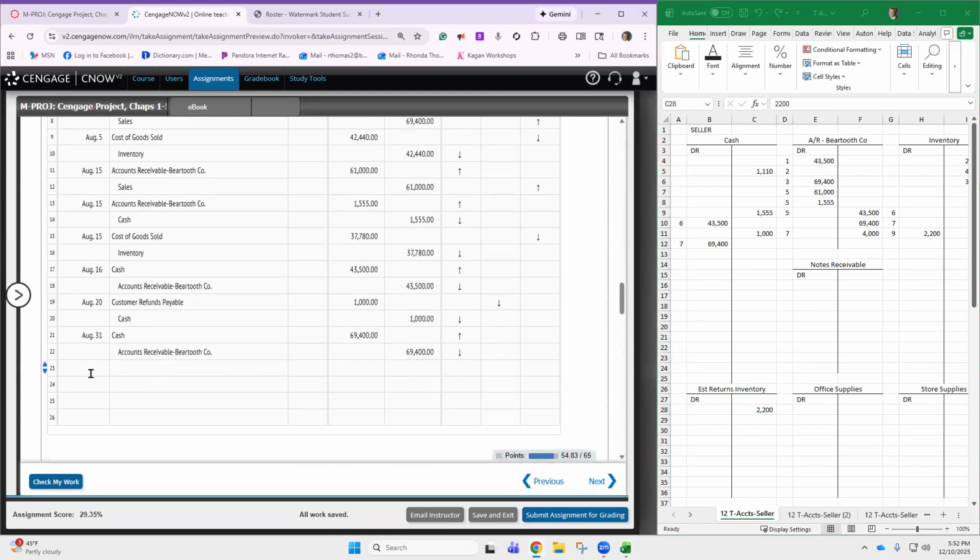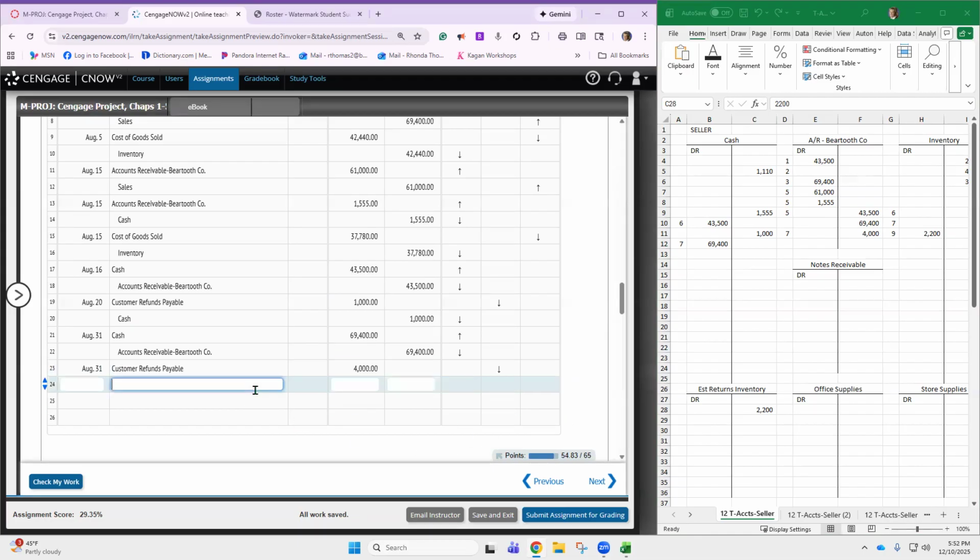Okay, and this is August 31st. So let's see if we can follow what I just said. We're going to use customer refunds payable for that credit memo of $4,000.